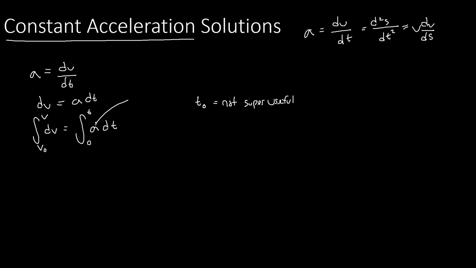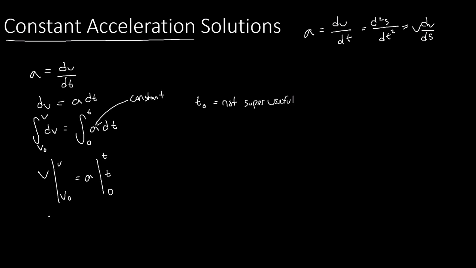And now, again, this is constant. So if you remember from calculus, we can just go ahead and pull it out of the integral. So integrating dv is just going to leave us with v from v naught to v. And our a is just going to be a times t from 0 to t.